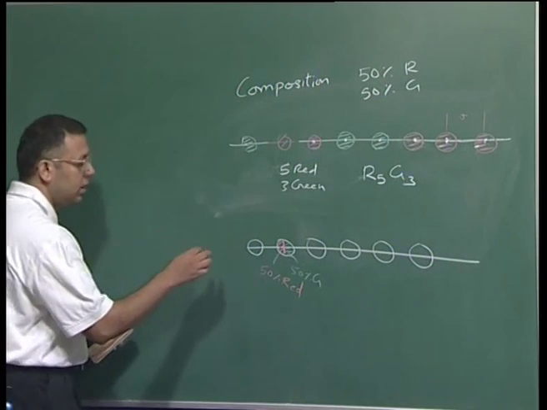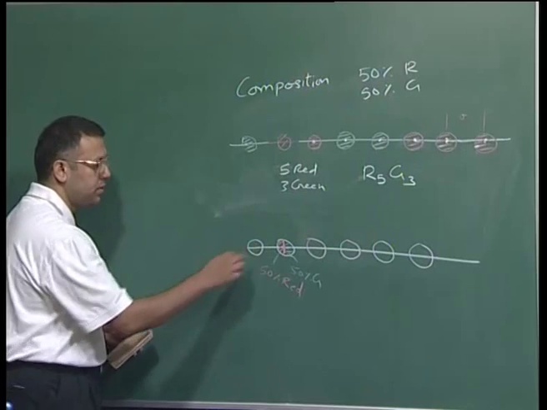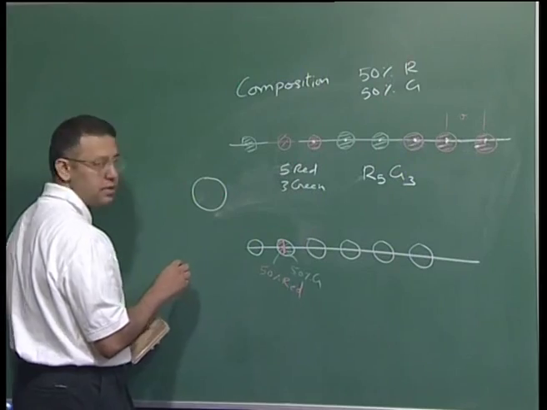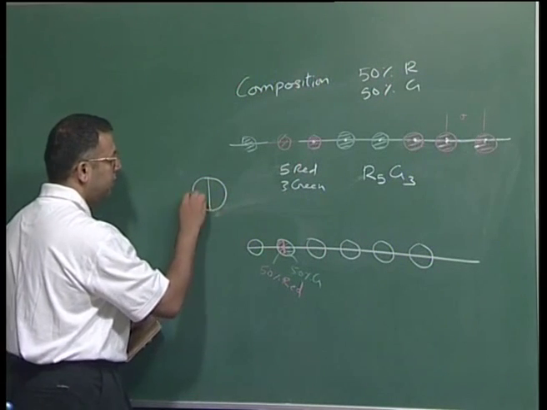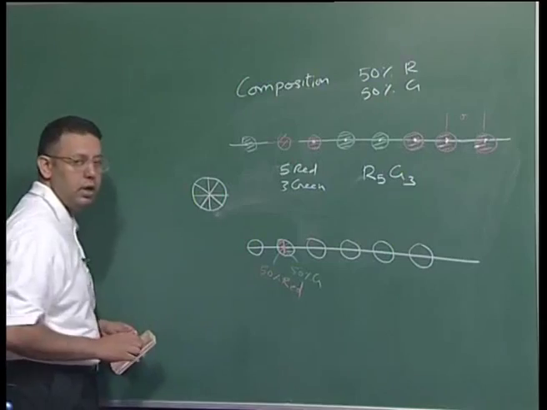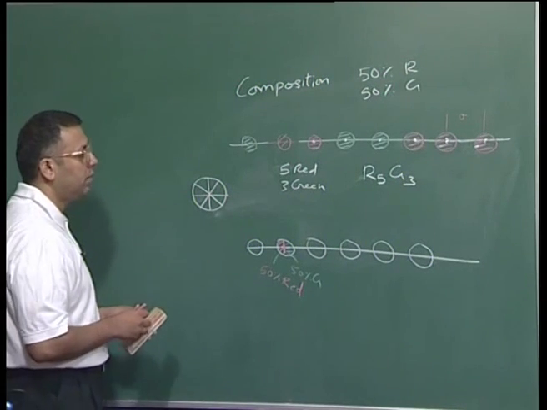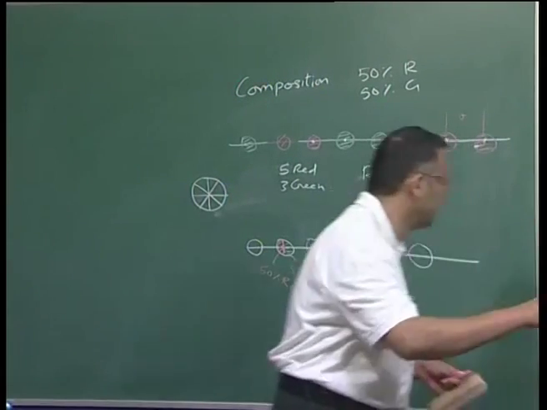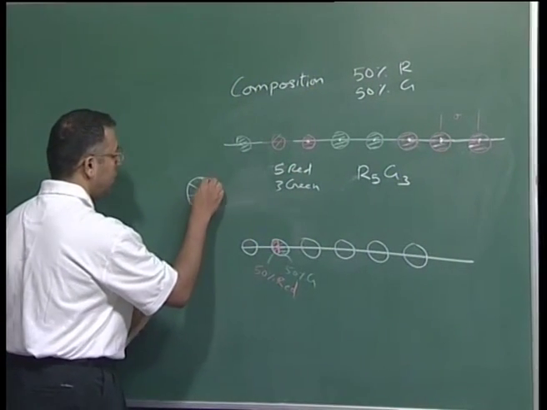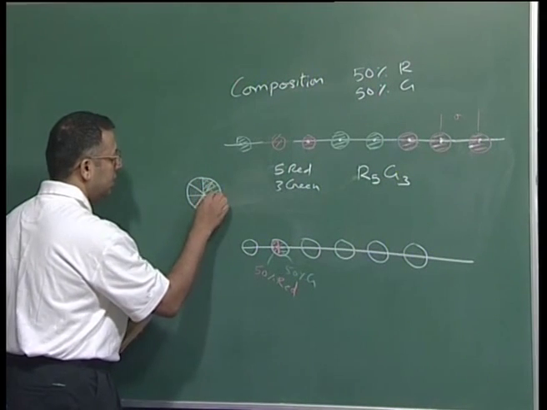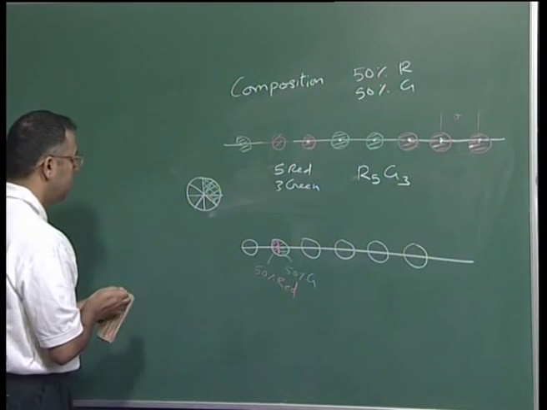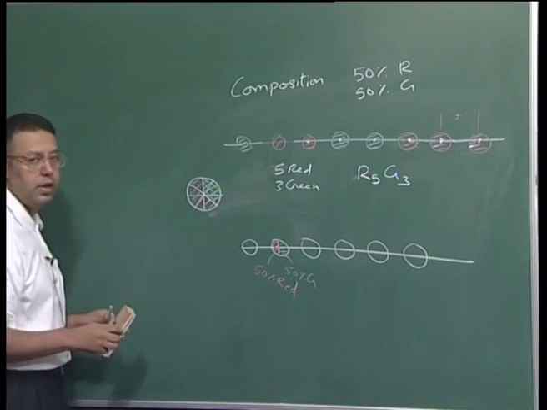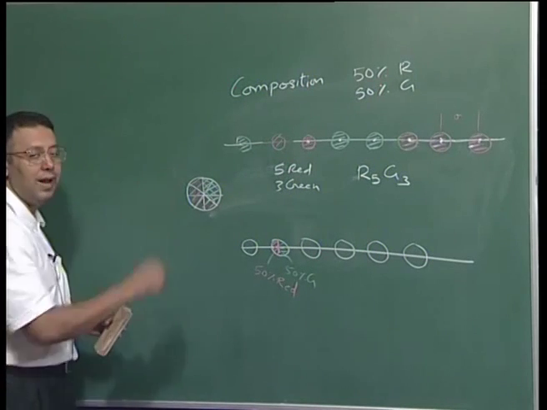So the probability circle now would not be equally divided. I will have to divide it into 5 plus 3, 8 parts. So I have 8 parts to my circle, and my chance of finding green is 3. So I will mark 3 of these in green, and the remaining 5 is my red. So this is my probabilistic occupation of a single lattice point.